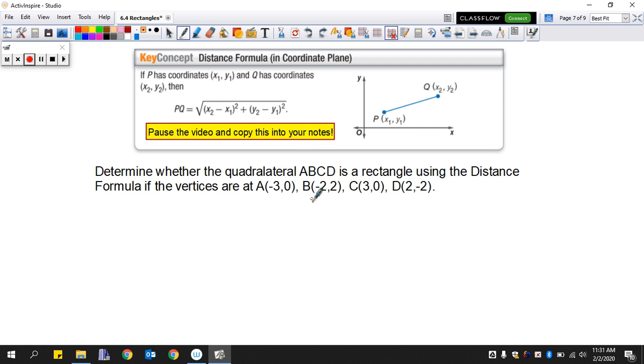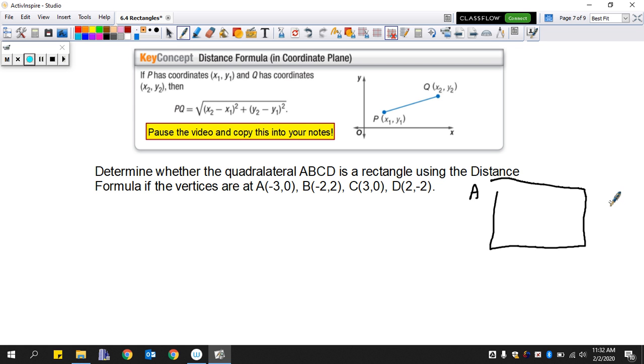Now that you've copied that distance formula into your notes, let's go ahead and determine whether the quadrilateral ABCD is a rectangle using the distance formula given these vertices. Looking at it, this is A, B, C, D. A is negative 3, 0.